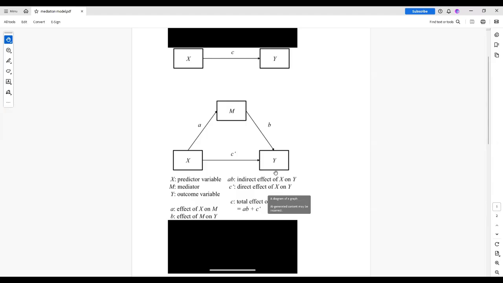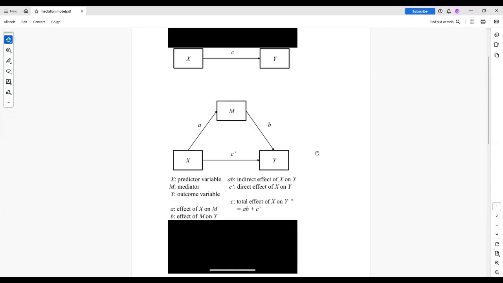However, it is common that you may have an insignificant C prime while your AB is still significant. And that is when we can discuss full mediation versus partial mediation. I will explain that in the relevant group supervision as well, the difference between full mediation and partial mediation, but maybe I can explain it a little bit more here as well.